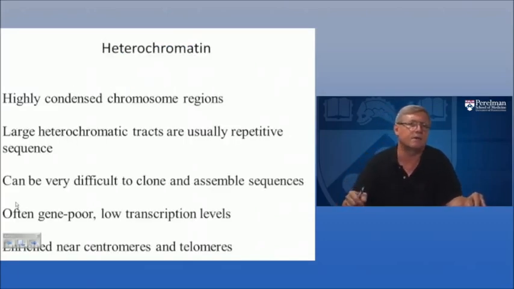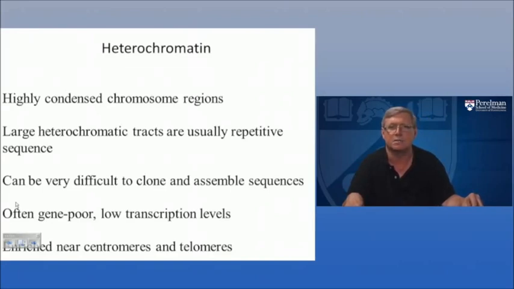Heterochromatin is a class of DNA that has particular characteristics. The heterochromatic DNA typically occurs in condensed chromosome regions. It typically has a particular structure that's composed of tandemly repeated DNA elements.